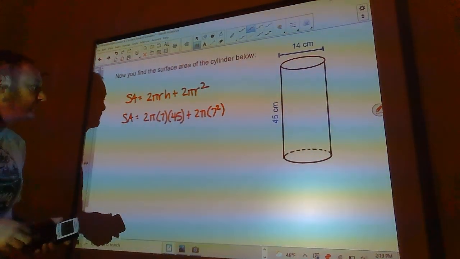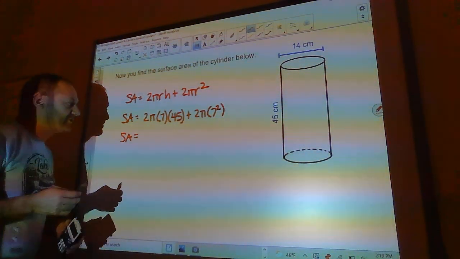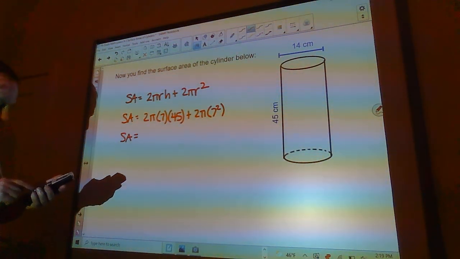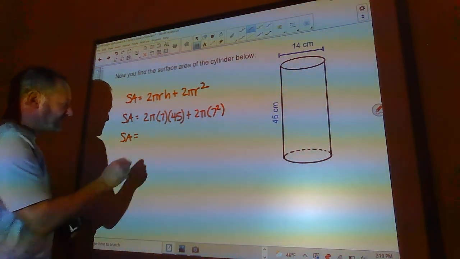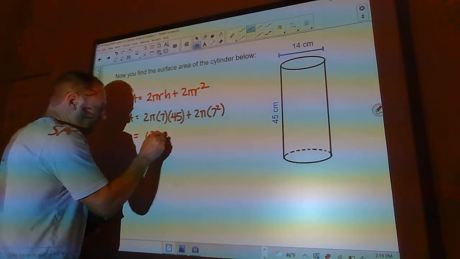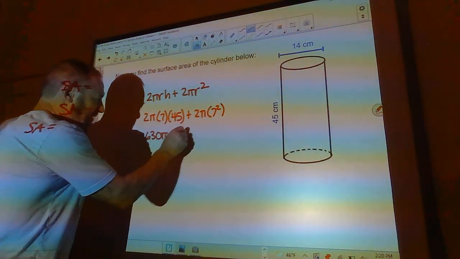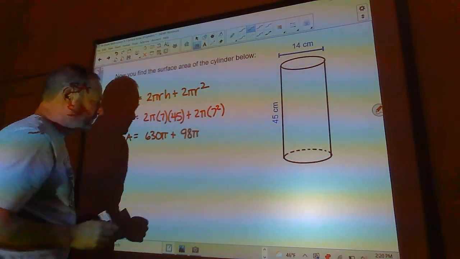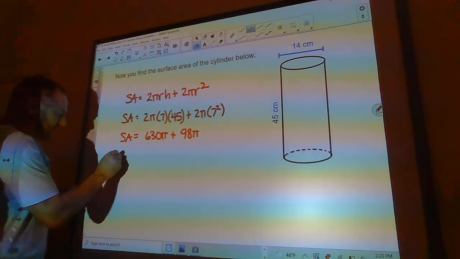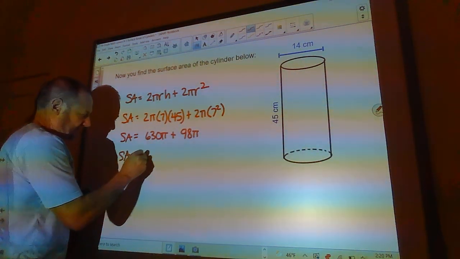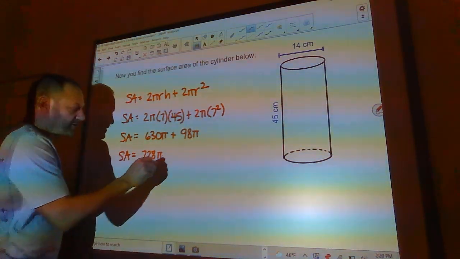Okay, so I get out my handy dandy TI-84 Plus C Silver Edition graphing calculator, and I go 2 times 7 times 45. That's 630 pi. Plus, that's 49 times 2, that's 98 pi. So 98 plus 630, that's 728 pi exactly square centimeters.